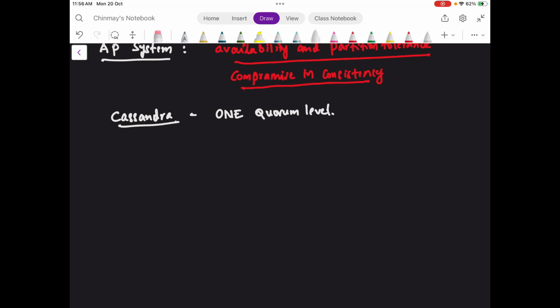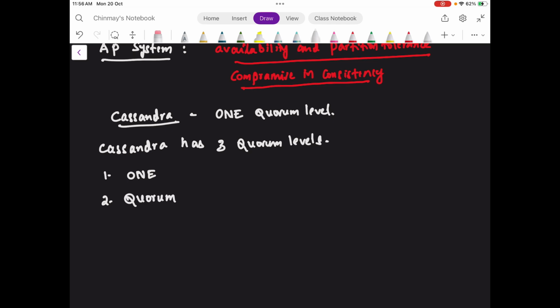The beauty of Cassandra is that it is not strictly an AP system. We can configure Cassandra as a CP system, as an AP system, or as a CA system, because Cassandra supports 3 quorum levels. The first one is one. The second one, as the name itself says, is quorum: it should satisfy n by 2 plus 1 servers, like MySQL.